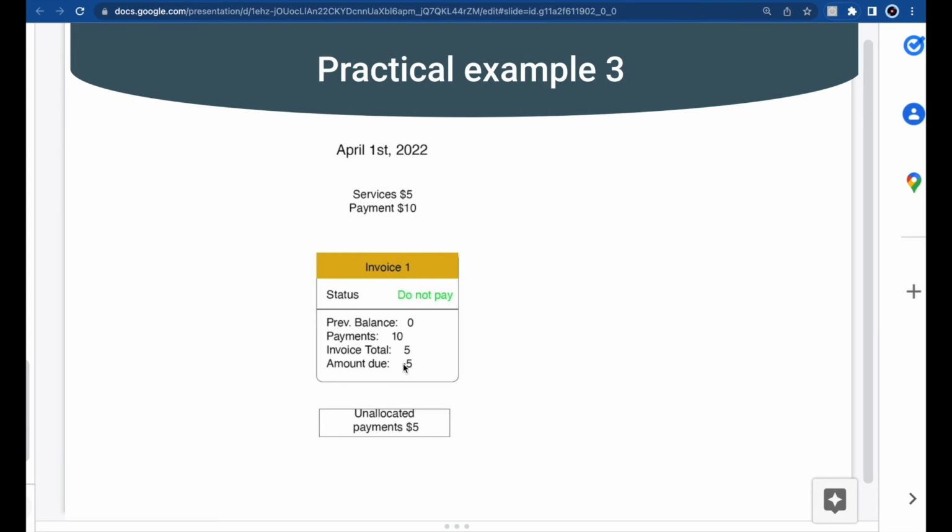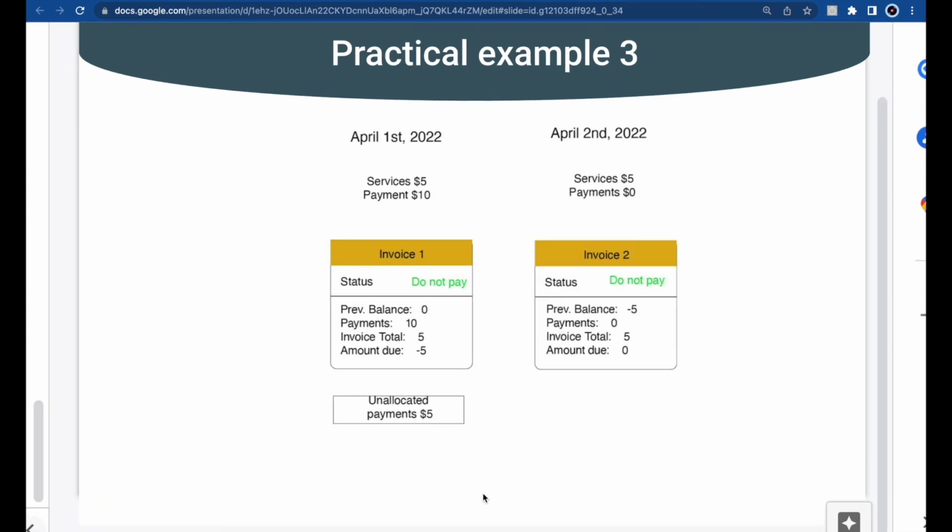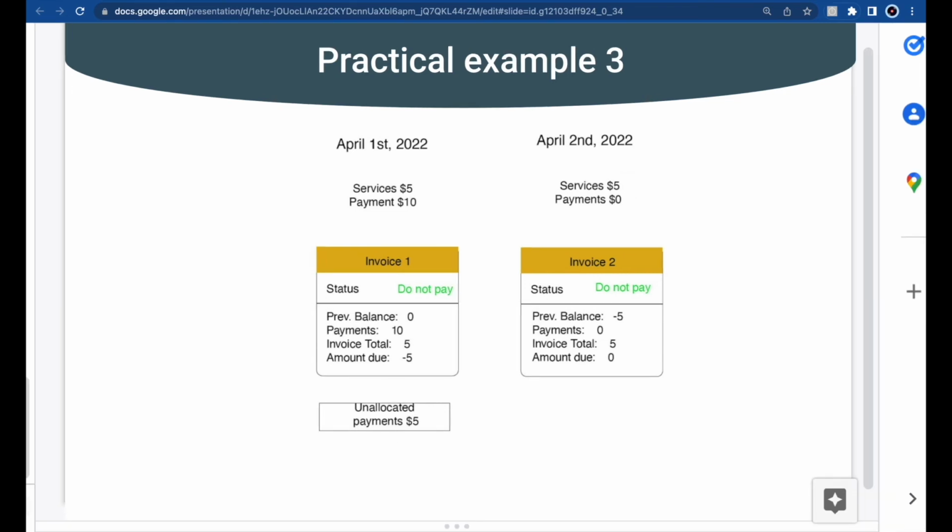The extra $5 that the customer paid were placed in the virtual piggy bank called unallocated payments. As soon as a new invoice is generated for this customer in the system, these $5 will be immediately applied as a payment to that invoice. Okay, so during the second billing period, April 2nd, the customer used services for $5 as well, but didn't post any more payments.